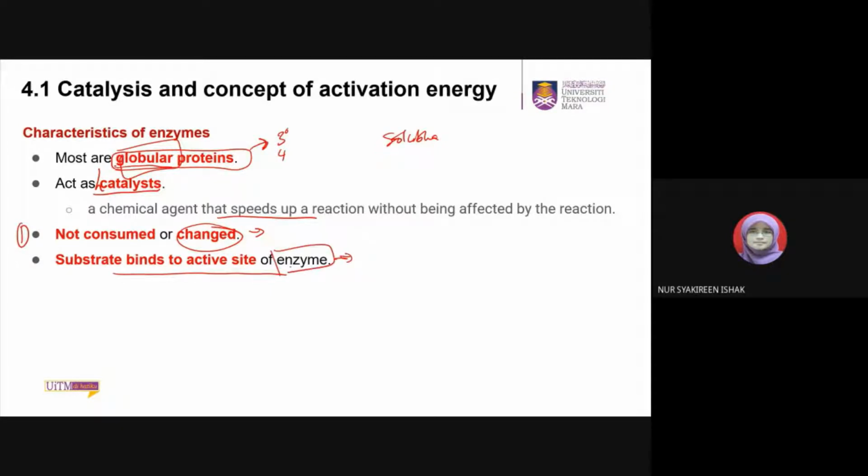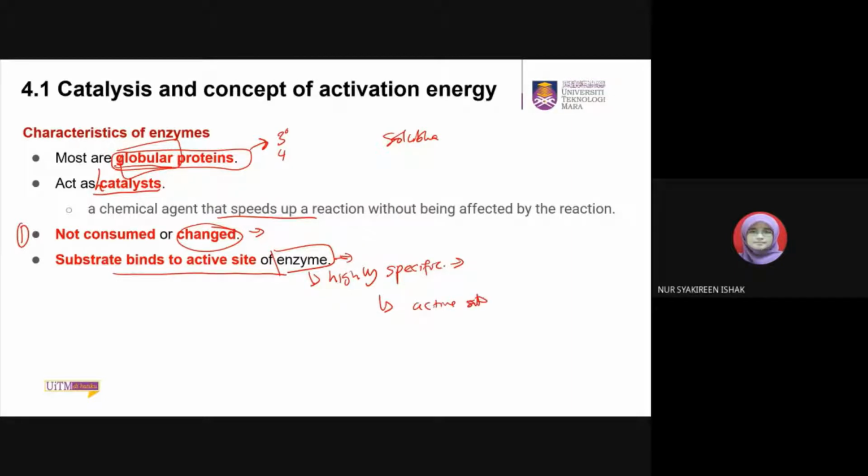Every enzyme is highly specific, which means every enzyme will have its own substrate to catalyze a certain reaction. This is due to the presence of the active site.